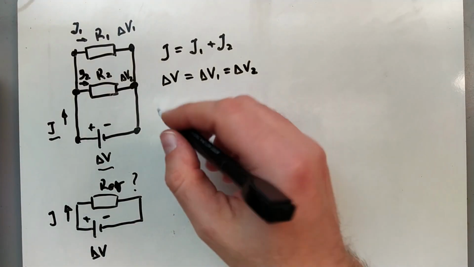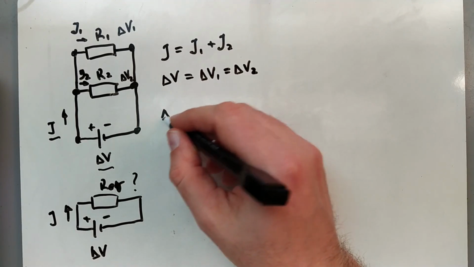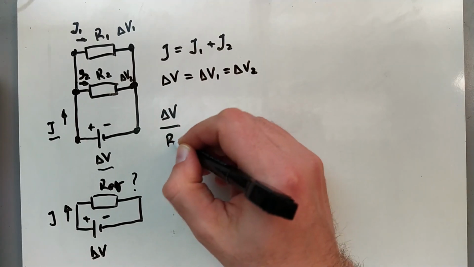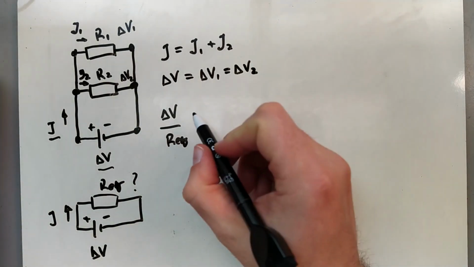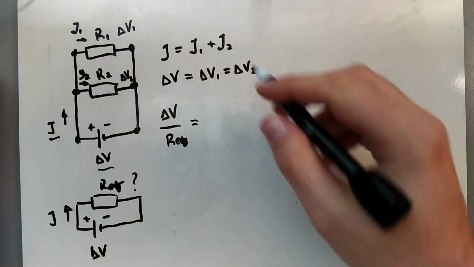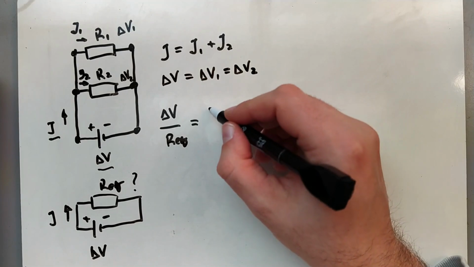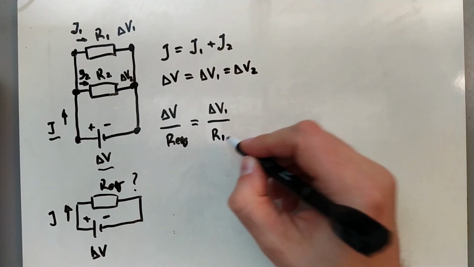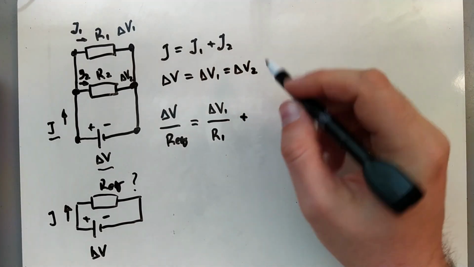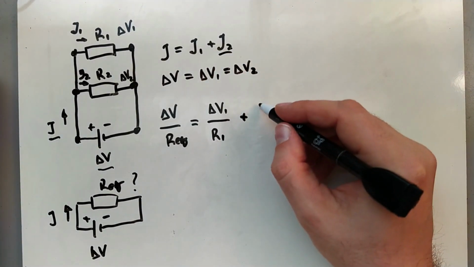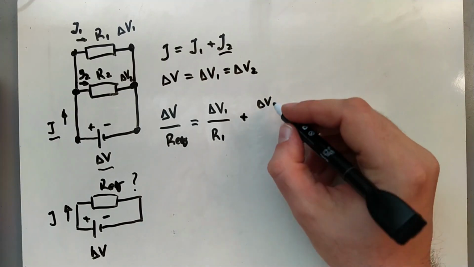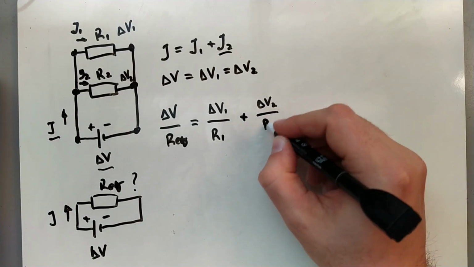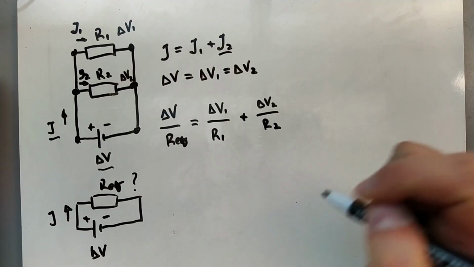So instead of I, we can write delta V divided by R equivalent, and that will be equal to delta V1 divided by R1 plus, instead of I2, we put delta V2 over R2.